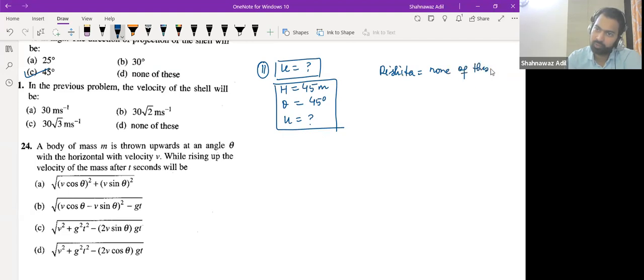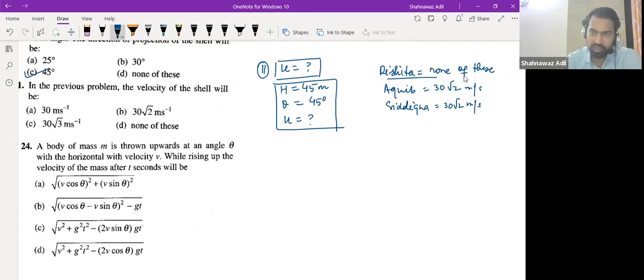Sir, I'm getting 30 root 2 meter per second. So you guys have a disagreement, right? Siddhika also got that. Yes, so where was the mistake, Rishita? There is some calculation mistake, right?